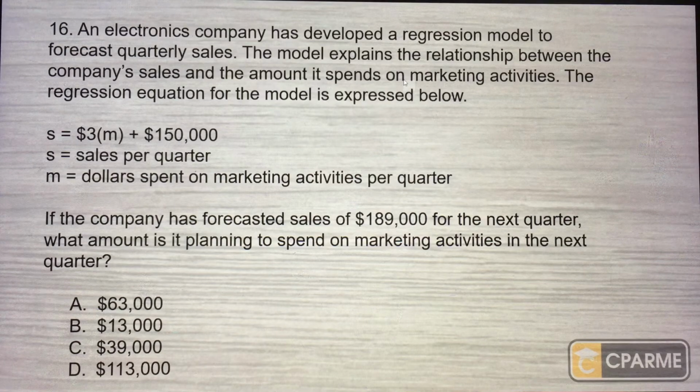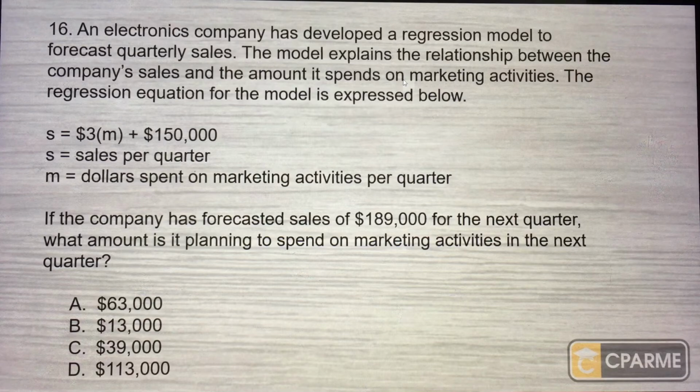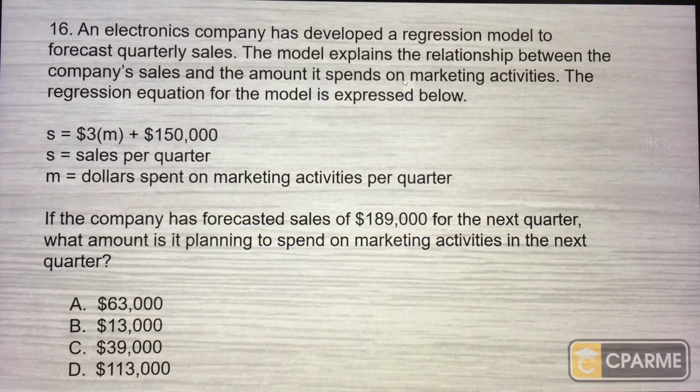The regression equation for the model is expressed below: S equals 3M plus 150,000, where S is the sales per quarter and M is the dollars spent on marketing activities per quarter. So how much will be the marketing activities? So it's a matter of substitution lang natin. So i-substitute lang natin 189,000 doon sa formula or doon sa regression equation mentioned in the problem.